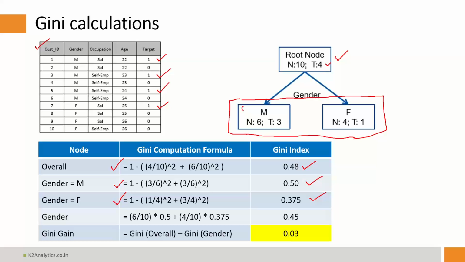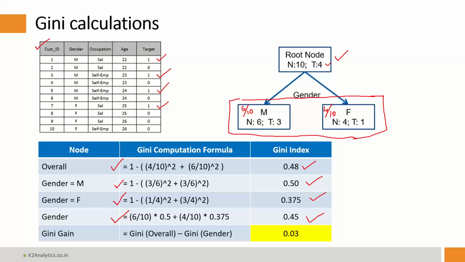I will give it a weightage of 6 by 10, because it has got 6 observations out of the 10 in the parent node. And the weightage for this Gini will be 4 by 10 because it has got 4 observations out of the 10. So here is the calculation: 6 by 10 times the Gini of male plus 4 by 10 times the Gini of female, that is the Gini of the split node.